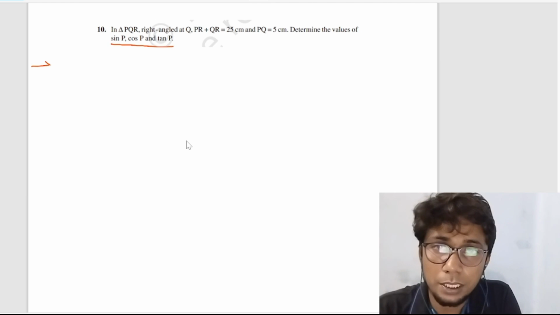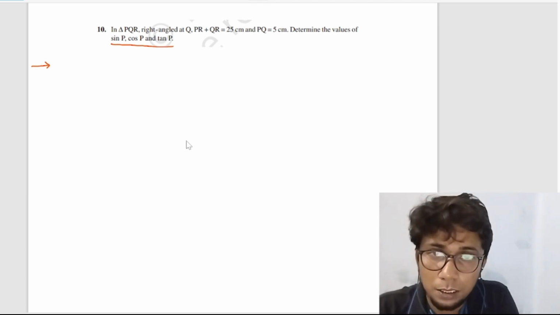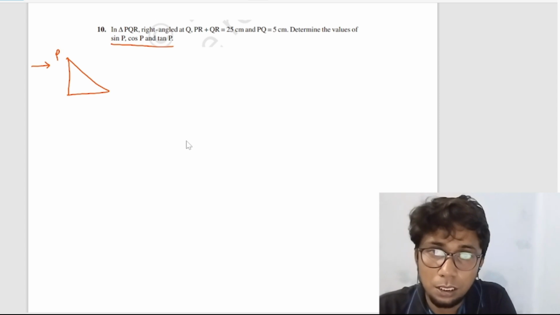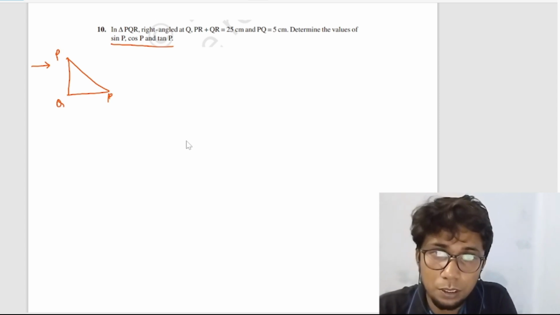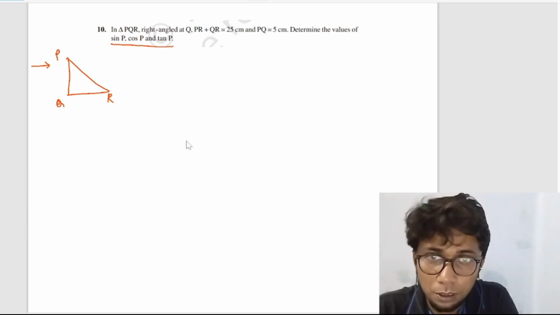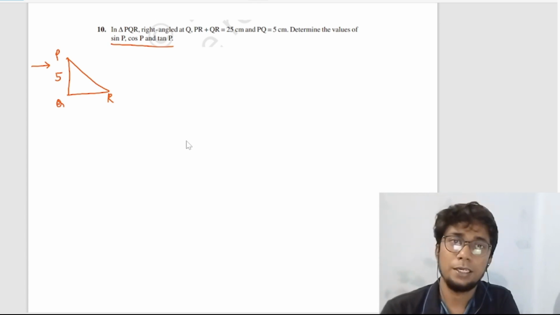We'll start with the diagram. So the triangle under consideration is PQR and it is right angled at Q. So let's say this is P, this is Q, this is R. Fine. Now we are given PQ is 5. This is 5, right?